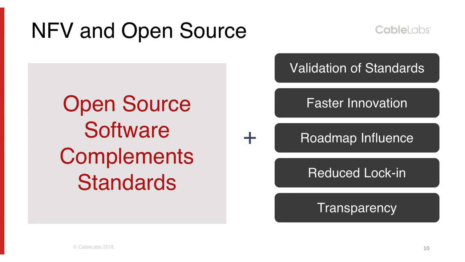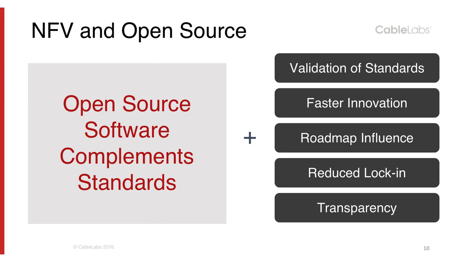Next, let's talk about NFV and open source. Open source is a great way to complement open standards. It really provides a reference implementation of the standard and validates the standard. But over and above that, open source provides numerous other benefits. For example, faster innovation.